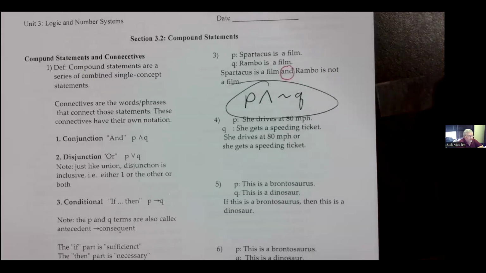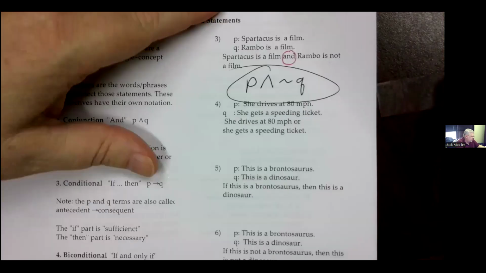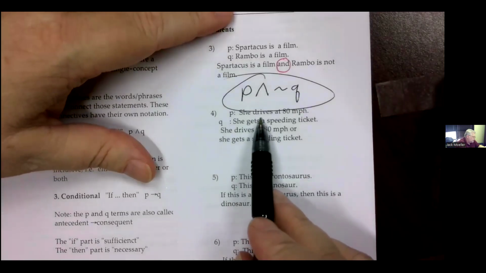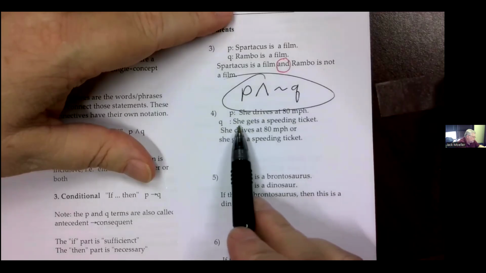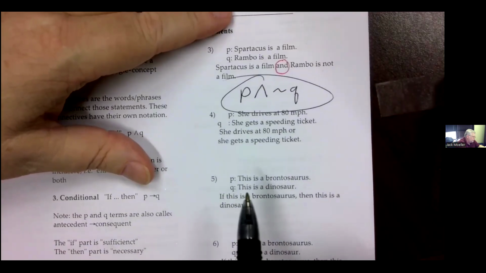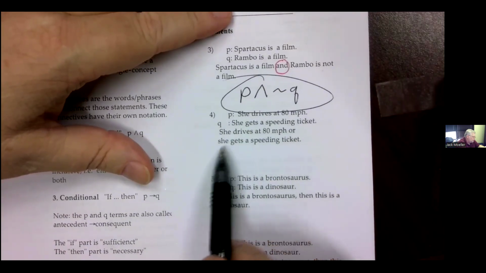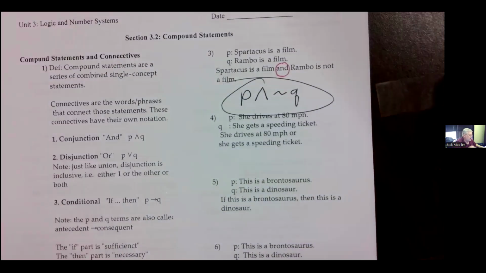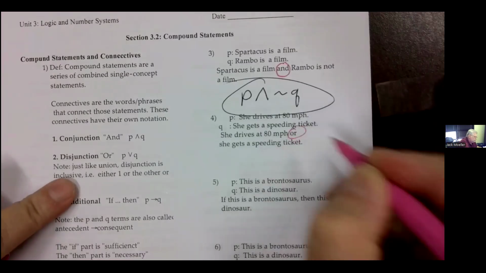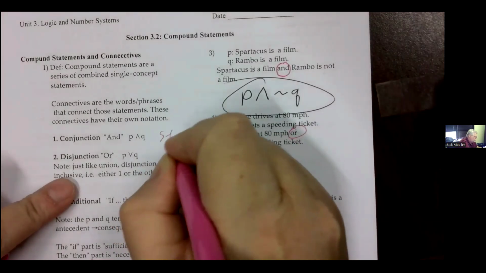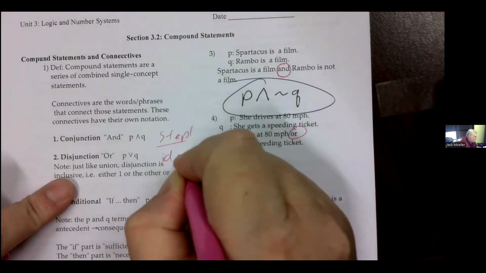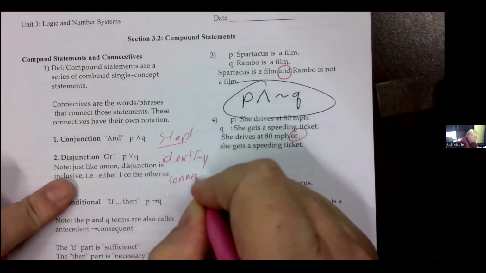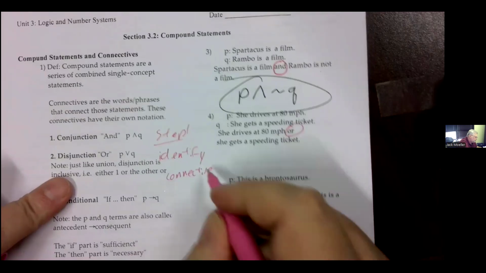Let's keep working through these. It just takes practice. P is she drives at 80 miles an hour. Q is she gets a speeding ticket. She drives at 80 miles an hour or she gets a speeding ticket. Step 1, identify the connection. We're dealing with or.